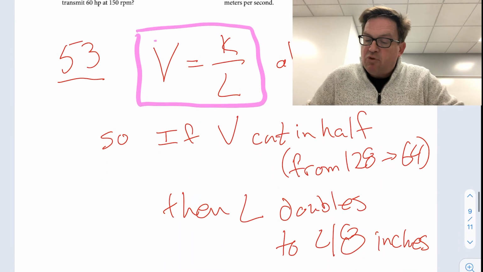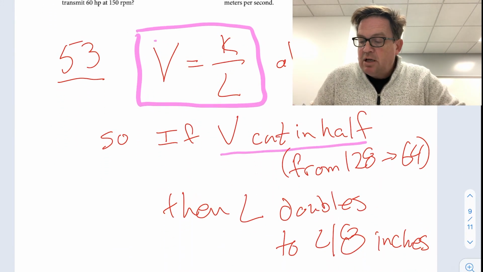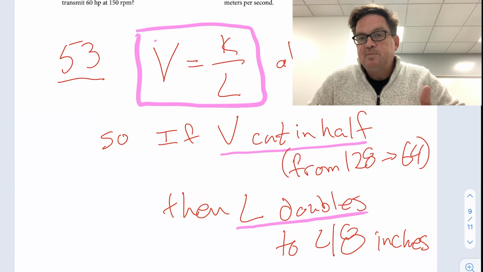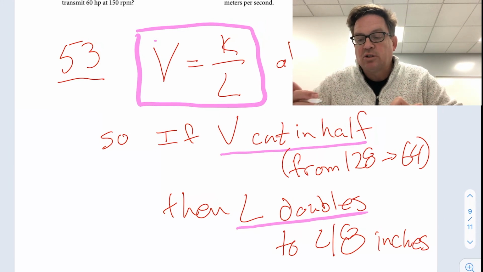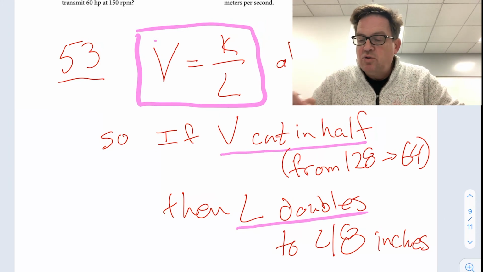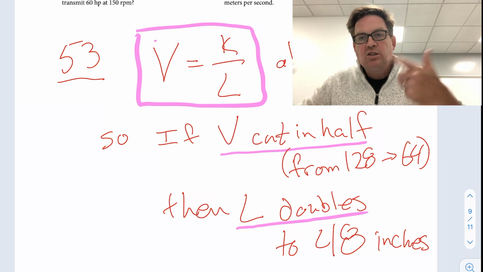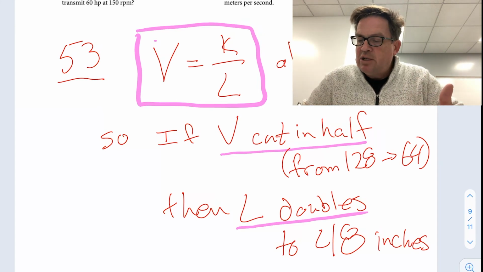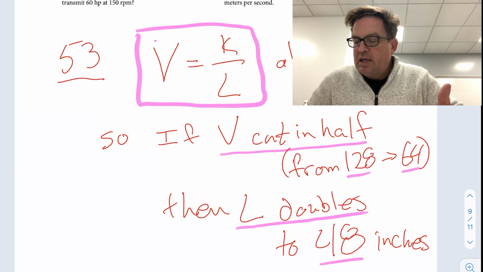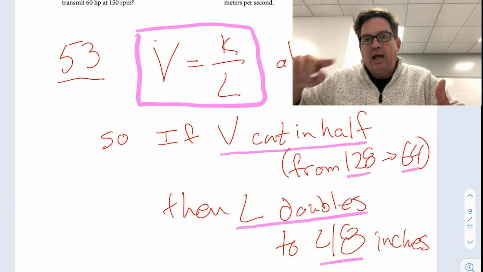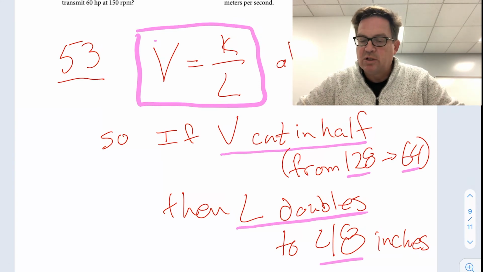If the vibration is cut in half, then the length has to double because they're inversely proportional. You can use that formula, but you can also just reason intuitively: if the vibration goes from 128 to 64, then the length has to be twice as long and it'll vibrate half as fast.